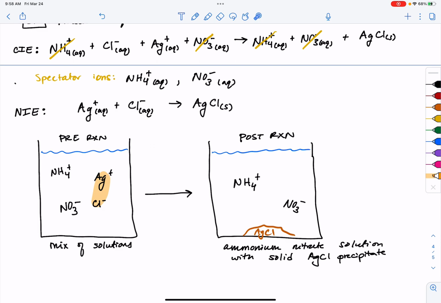So the net ionic equation is what is showing that ion association that resulted in the formation of our solid product. Like I said, it's a shorthand.